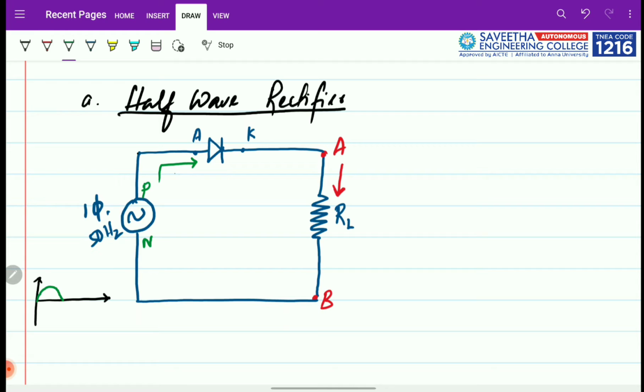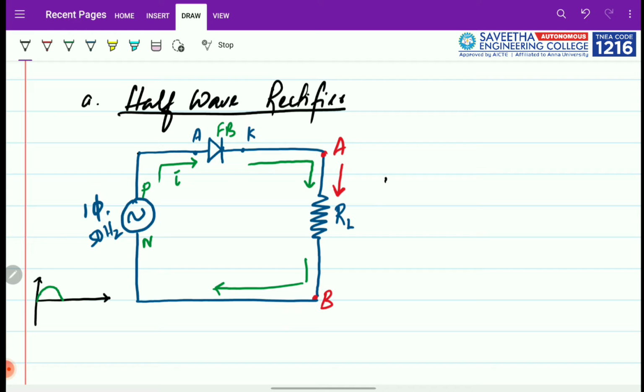The current passes through the diode because it conducts, since it is forward biased, travels through this point, goes in this direction, passes through A to B, then returns back. This happens in the first half cycle, which is the first 10 milliseconds.